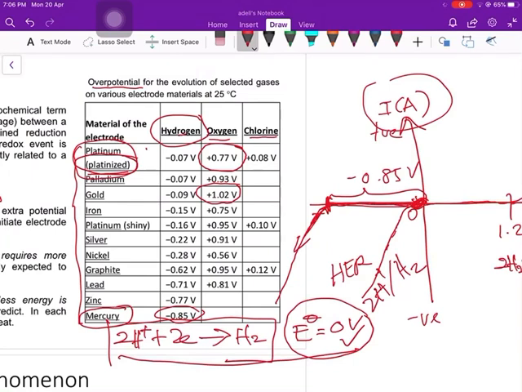This one is experimentally determined, and this is theoretically calculated. This difference we call overpotential. It means that on mercury, the evolution of hydrogen is very, very slow compared to on platinum.